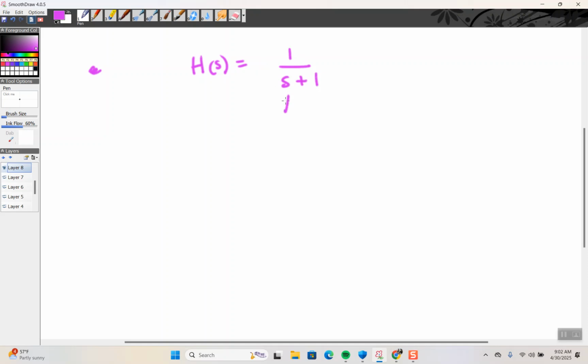Now, what is S? In control theory, S equals a real number plus an imaginary number, and we plot things on the complex plane. So when S equals -1, that's a pole because it goes to infinity.